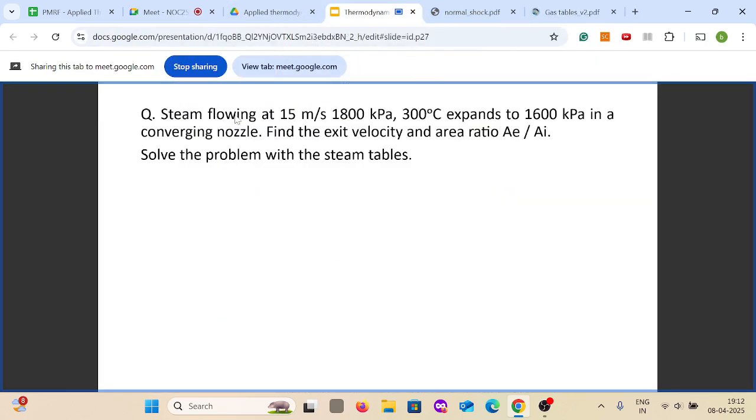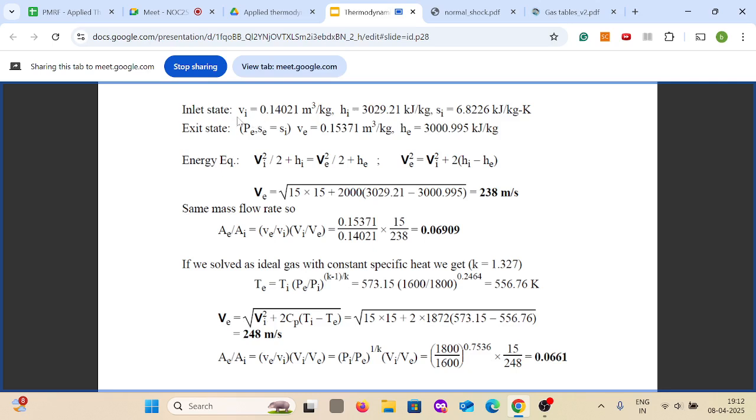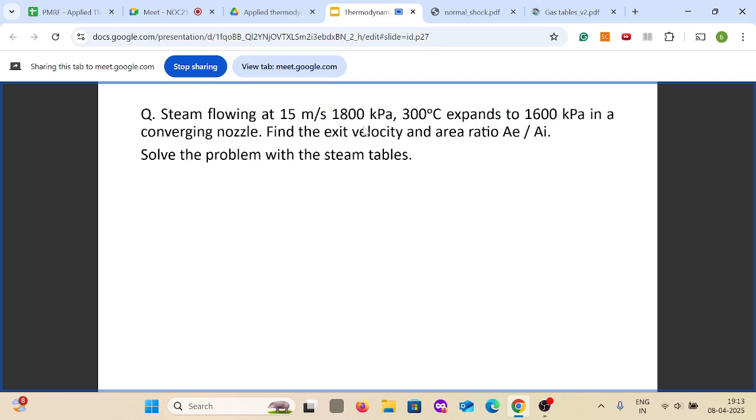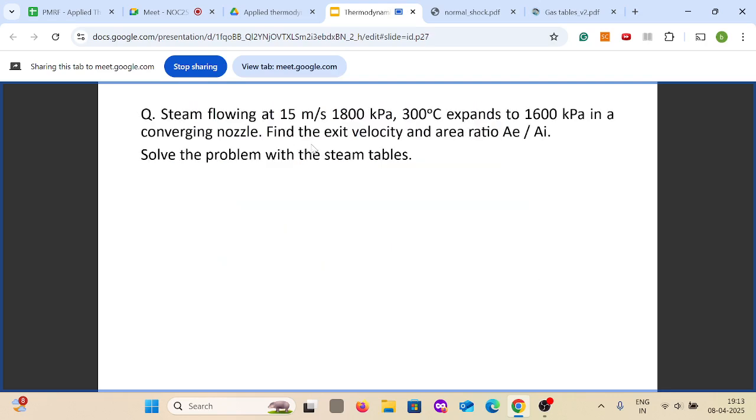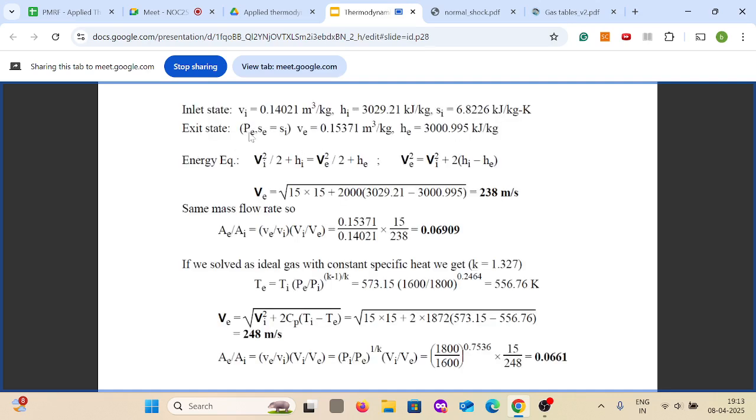So we'll say inlet state, my specific volume will be 0.14021, at 1800 kilopascal and 300 degrees Celsius, and enthalpy will be 3029.21 kilojoule per kg, and entropy is 6.8226 kilojoule per kg Kelvin. And for the exit condition, the entropy will remain the same, so we are assuming isentropic flow.